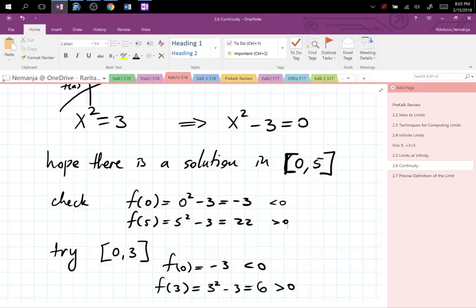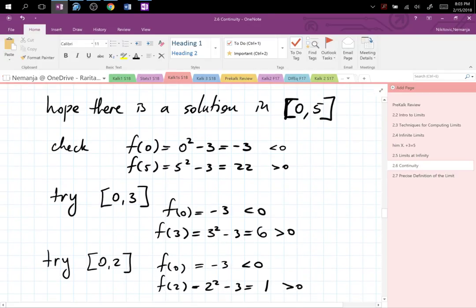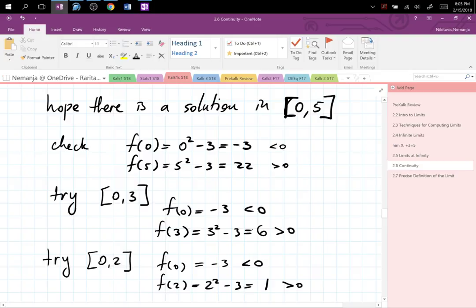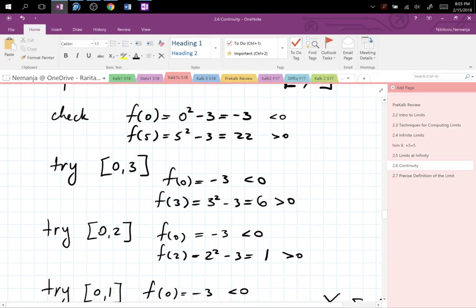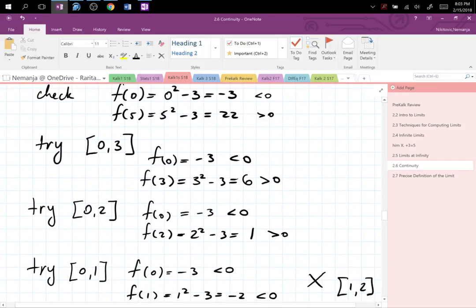So you are trying to locate that cut. Okay, great, so now you are no longer on 0 to 5, now you're on 0 to 3. Make another guess, 0 to 2. Great, again, less than, larger than. The solution is still in that interval, right? Make the next guess, 0 to 1. Okay, here is the trouble. When you compute at 0 and 1, they both came out to be less than 0.